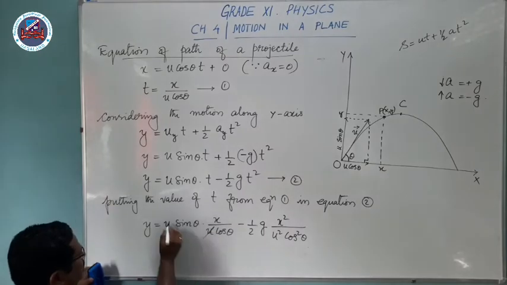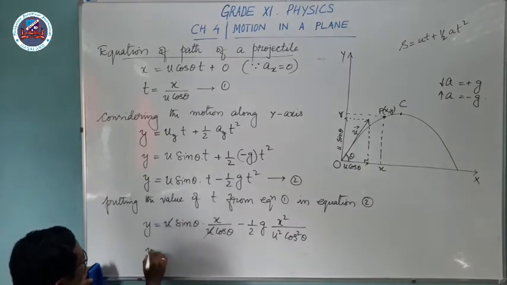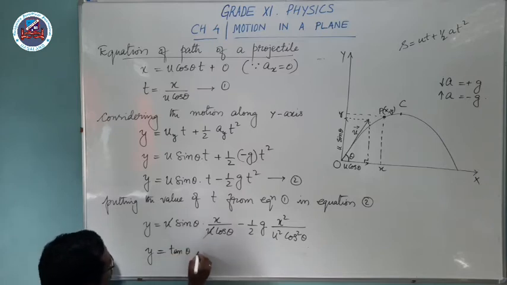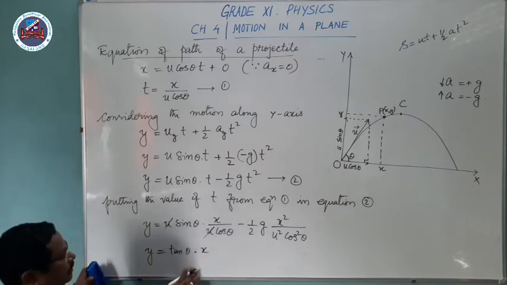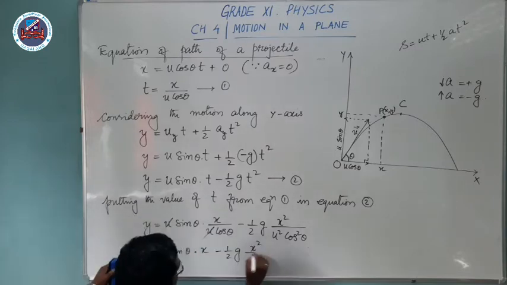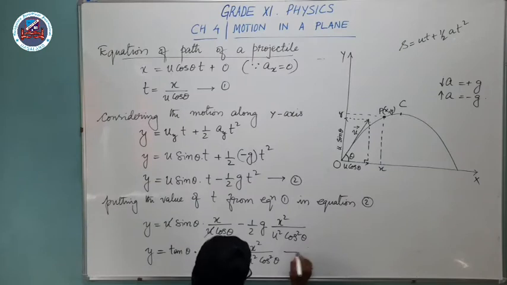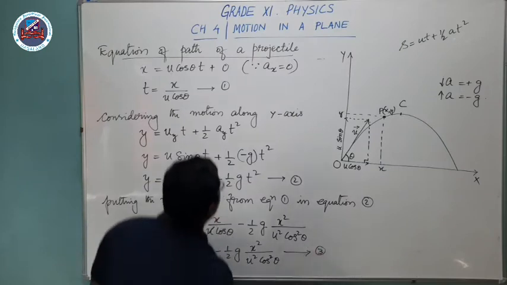So there you can cancel it out. y is equal to sin theta by cos theta, which is tan theta, into x, or x tan theta you can write down, minus half of g x square divided by u square cos square theta. Let us mark this as equation number 3.